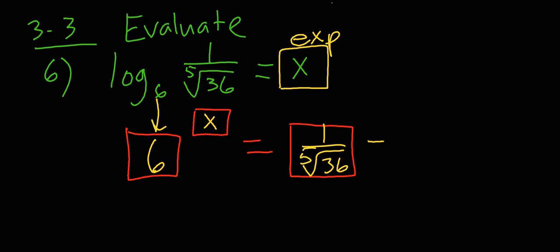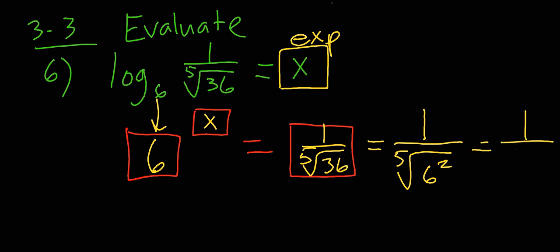So, we're going to have to start thinking about how to rewrite this as a power of 6. Several of you would probably get the 5th root of 6 squared, but then what would you do after that? What? Okay, all right. So you're saying I'd have to change to a fractional exponent?